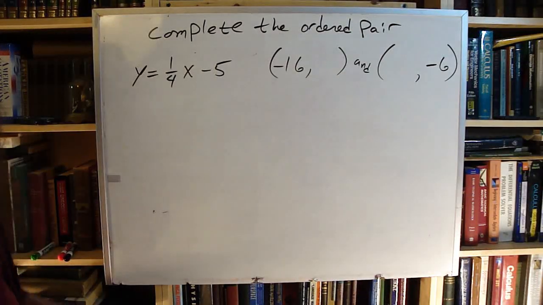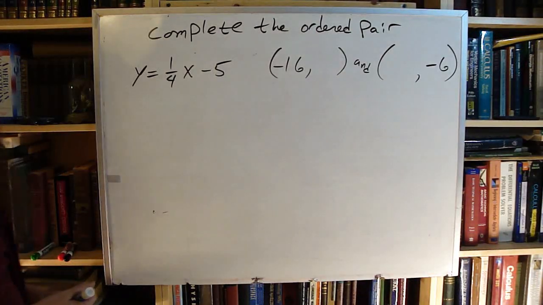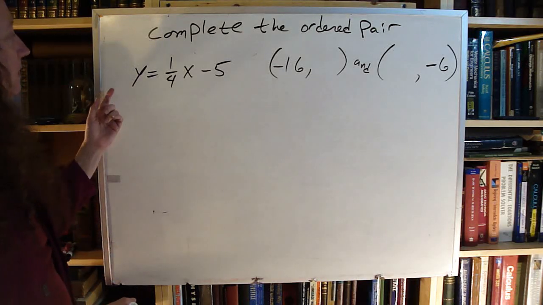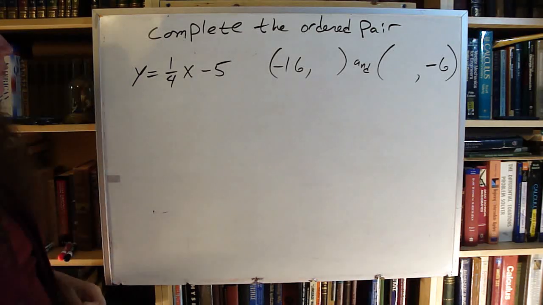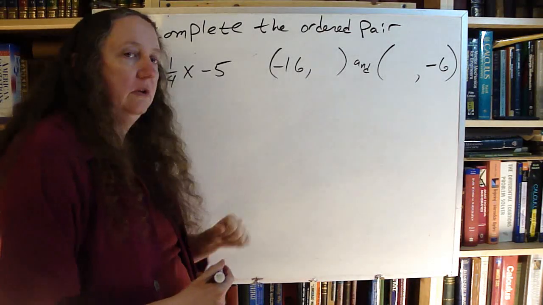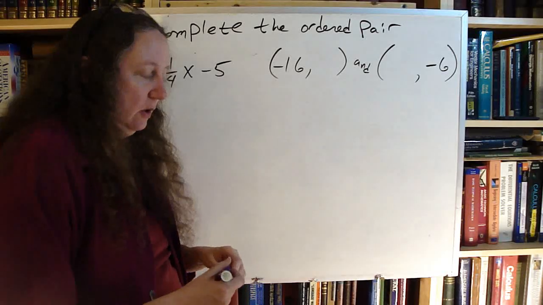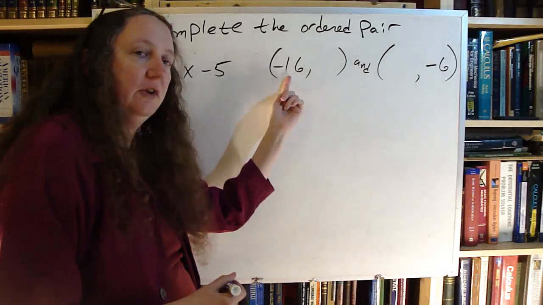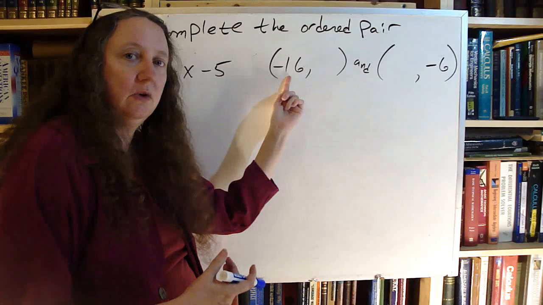In this question, we have to solve y equals 1/4 x minus 5. Part A, negative 16 comma what? We have to figure out here, is this negative 16, is that x or is that y?